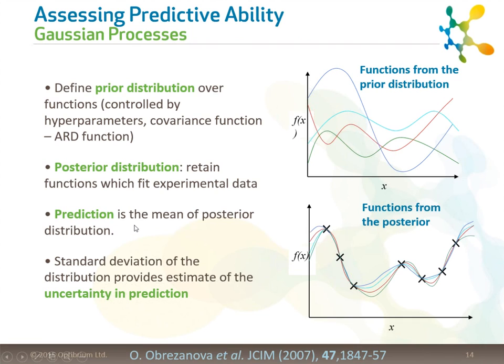And so we can make a prediction which is the average or mean of the posterior distribution. But really importantly, you can also estimate the uncertainty in each individual prediction as the standard deviation of this posterior distribution. And that gives you a measure of confidence for every individual prediction. It's not just in or out of a domain of applicability.